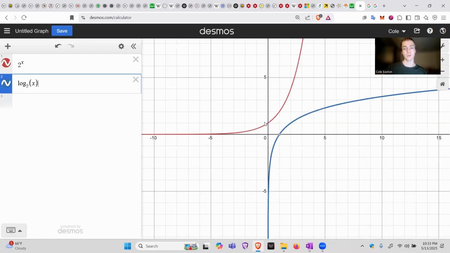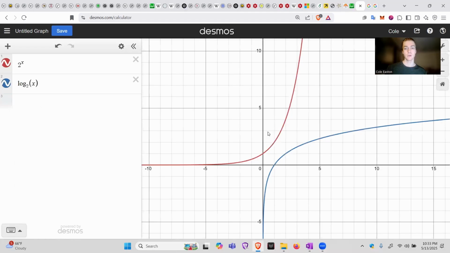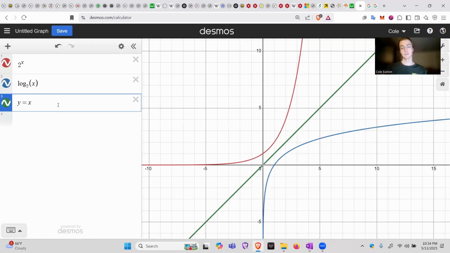Our red graph here is the 2 to the x graph that we drew. We see that as we approach -infinity, it approaches the x-axis, and log base 2 of x has the same asymptote on the y-axis that we talked about. And if I draw the line y equals x, we can see how that line acts as a mirror between these two graphs.